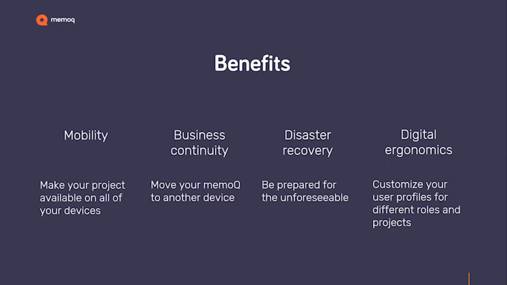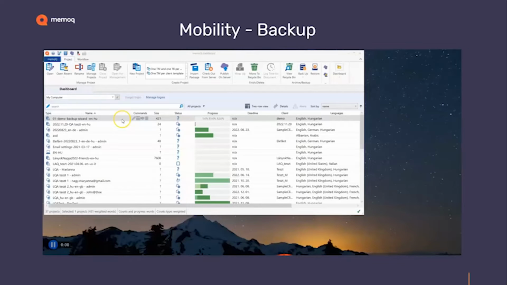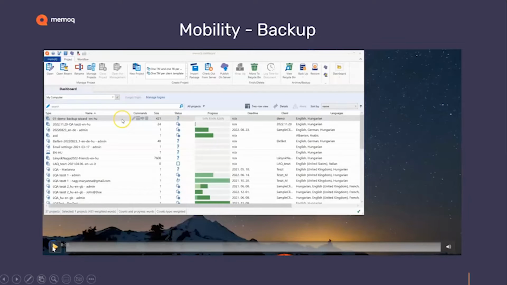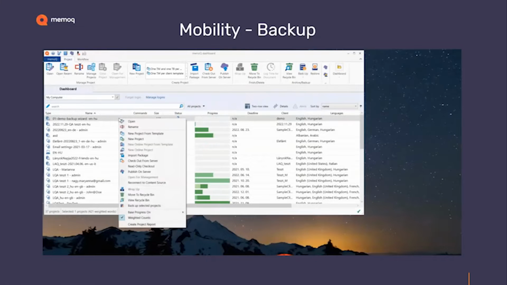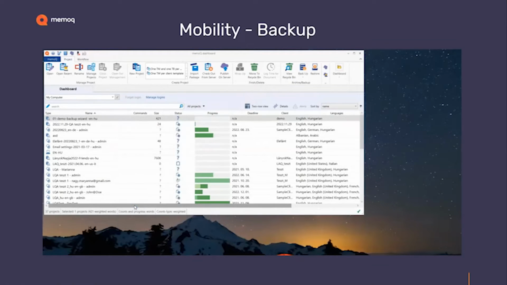And this is mobility. And this is the feature to be able to back up one or two projects of your choice. So starting from the memoQ client application, you need to select one or several projects and click Backup Selected Project.